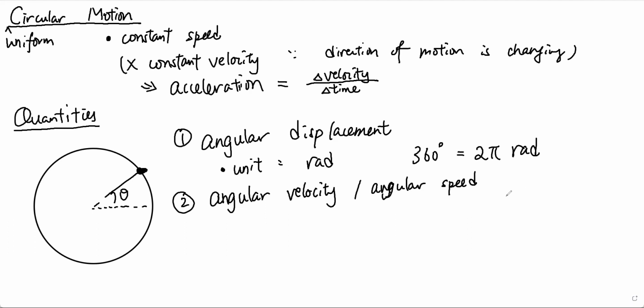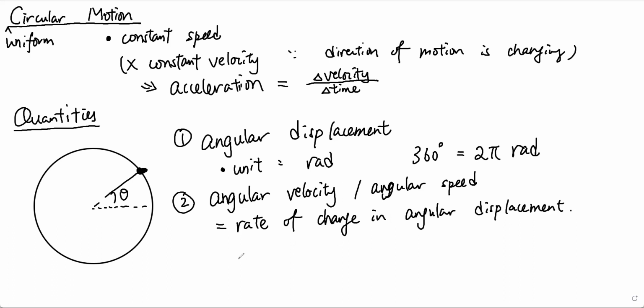But you don't need to know about the direction of the vector angular velocity. You just need to know how to find their values. That's enough. So we define it as the rate of change in angular displacement. So that means that is how fast the angle changes.